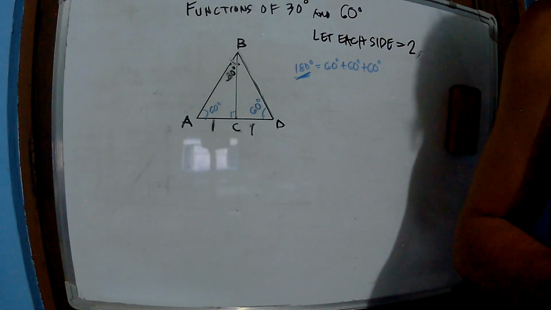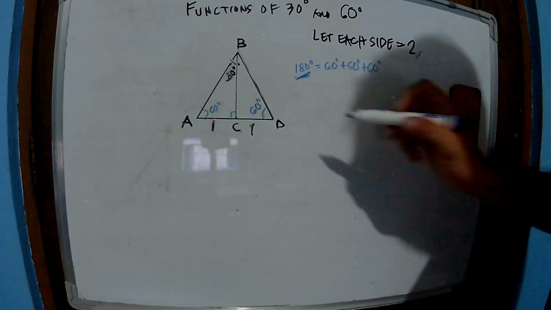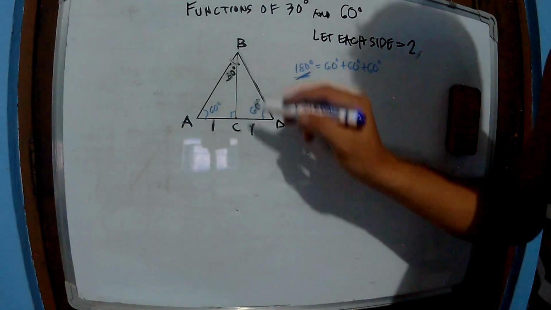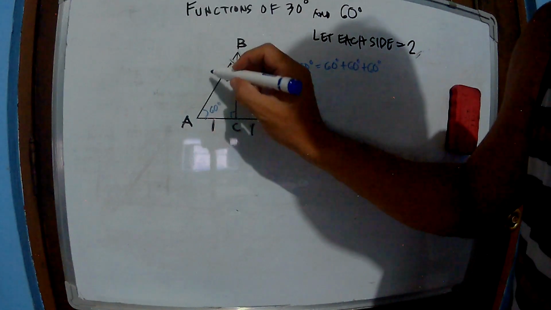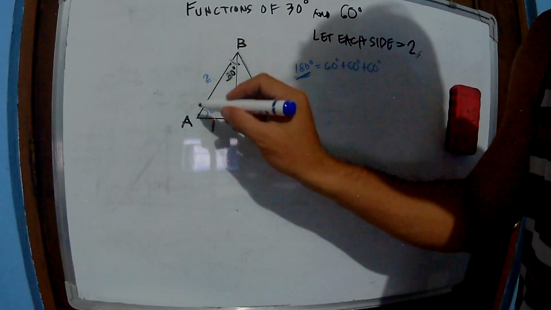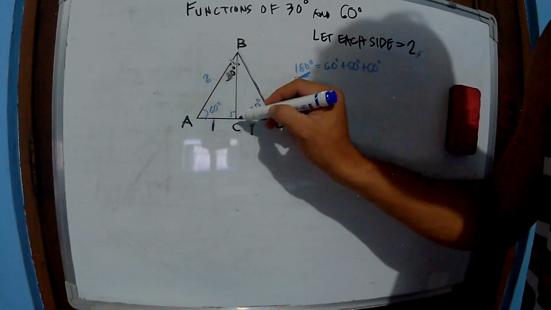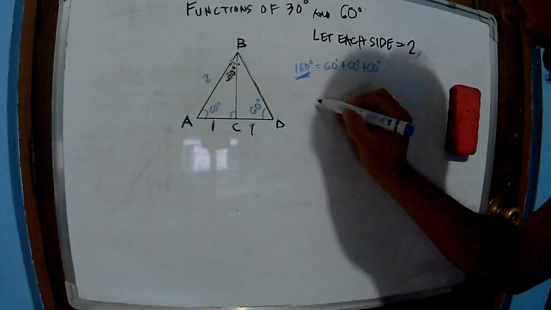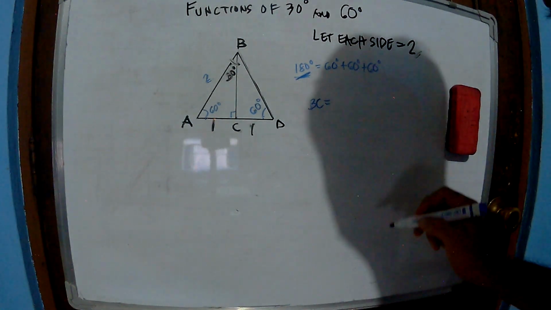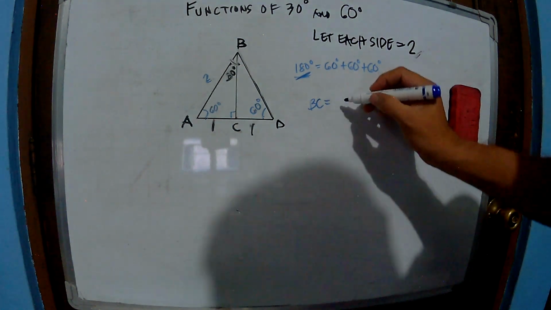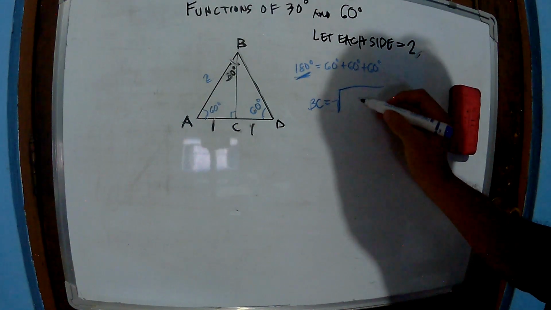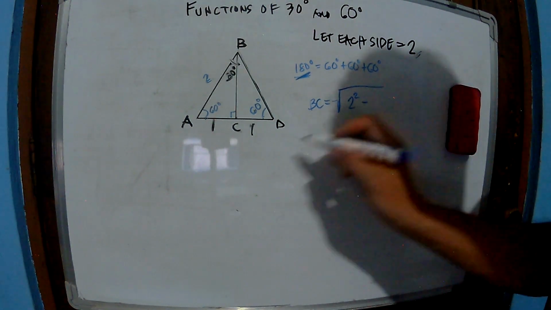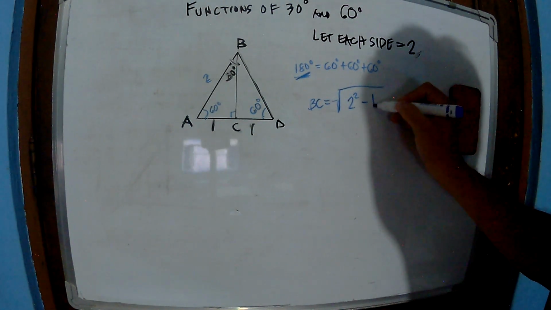Okay, so to find the value of this side, line BC, if this side is equivalent to 2, we can solve for the length of this side, meaning this side BC is equal to, using the Pythagorean theorem, the hypotenuse squared, so that will be 2 squared minus this side 1 squared.